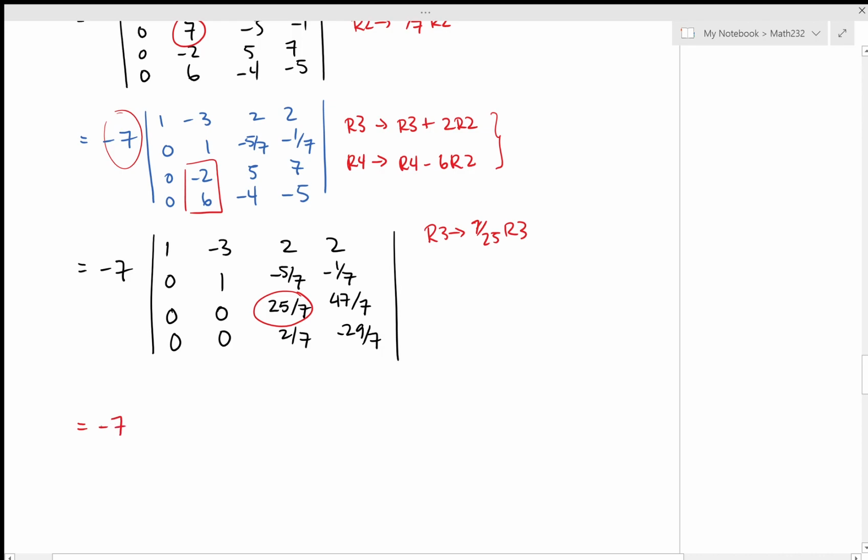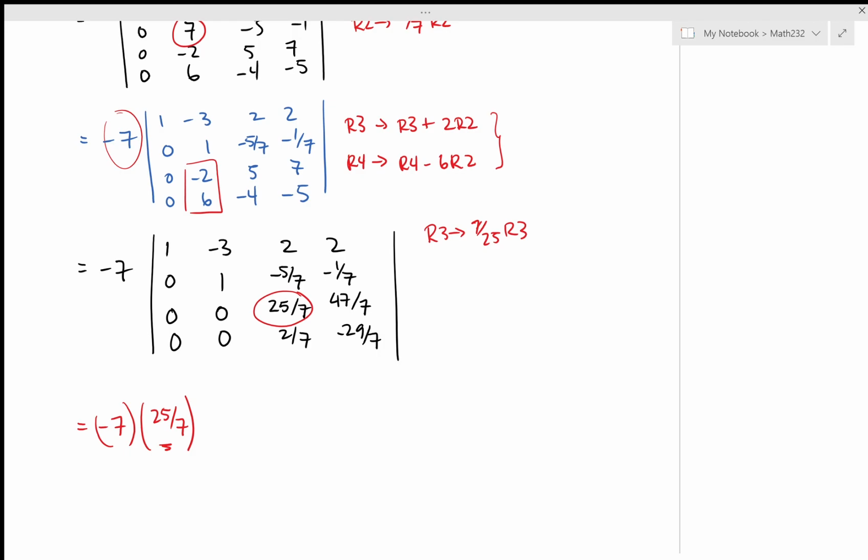So I still got that minus 7 there, but here I'm thinking of factoring out the 25/7 like that, and so that is the effect on the determinant of multiplying a row by a constant. The key thing is to have the right reciprocal. It's not 7/25, it's 25/7. So make sure you understand which of the two it is and why.